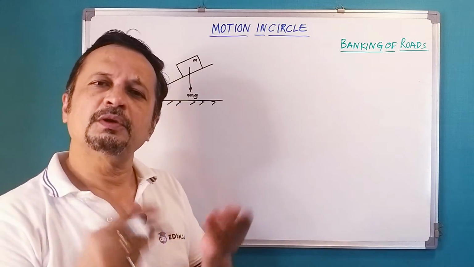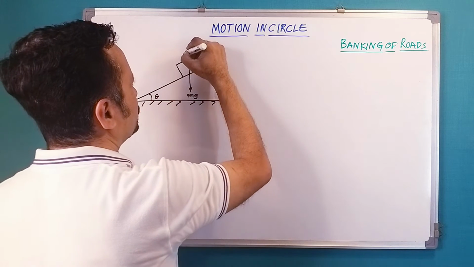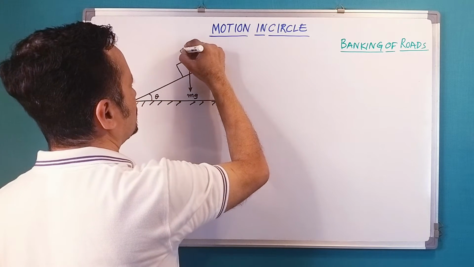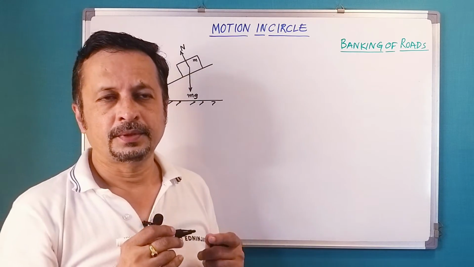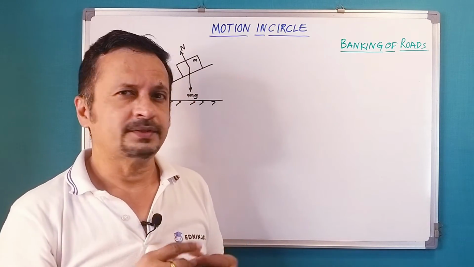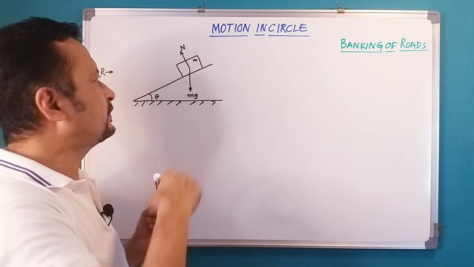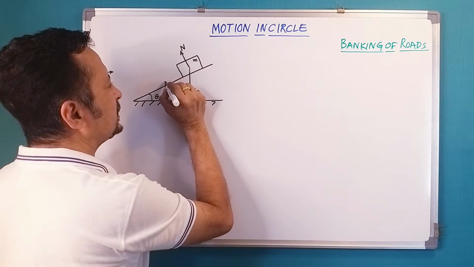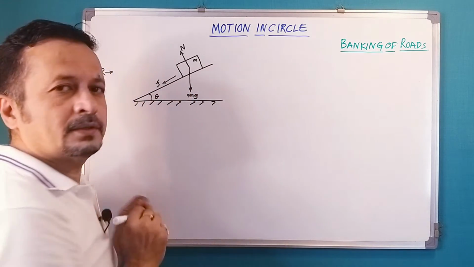The normal force given by the road would be perpendicular to the road, so this is the normal force N. Other than weight and normal force, we have the force of friction in this direction, right?